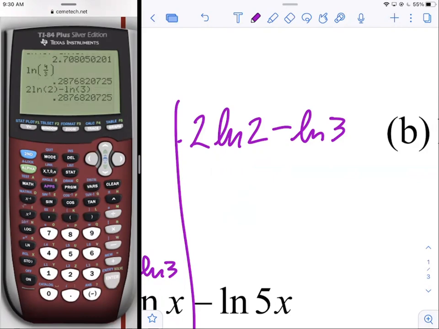Now, did you know that when I type in the natural log of 4/3, your computer, or whatever this emulator of a computer is, is actually calculating it using a polynomial with many, many terms. And when I type in 2 natural log of 2 minus natural log of 3, the program is actually using a polynomial with many, many, many terms to approximate it to whatever extent.